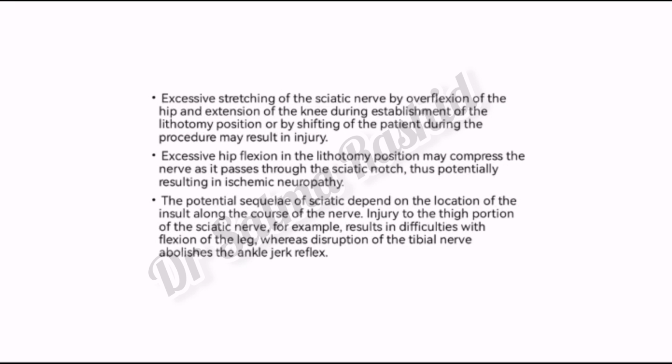The potential sequelae of sciatic injury depend on the location of the insult along the course of the nerve. Injury to the thigh portion of the sciatic nerve, for example, results in difficulty with flexion of the leg, whereas disruption of the tibial nerve abolishes the ankle jerk reflex.